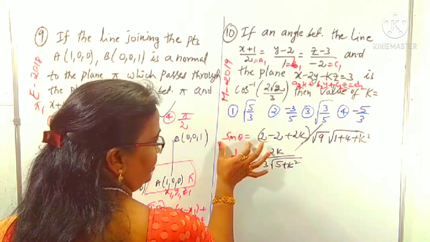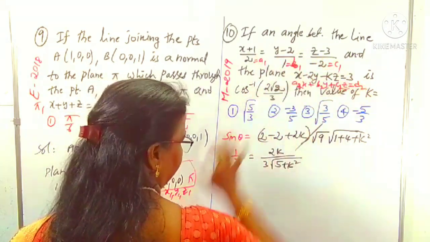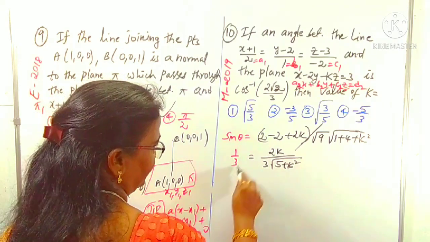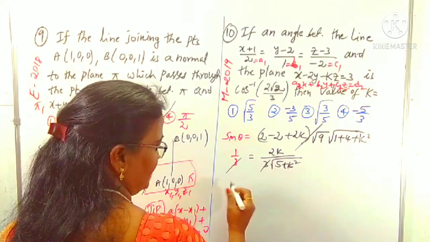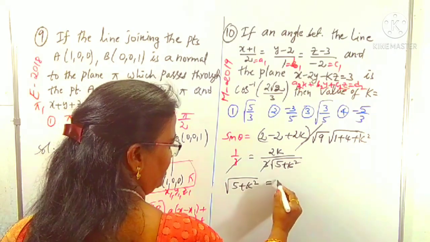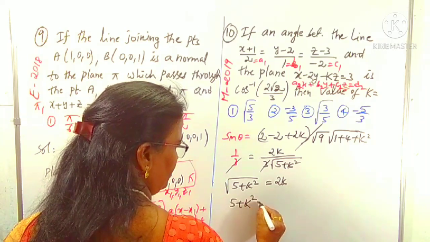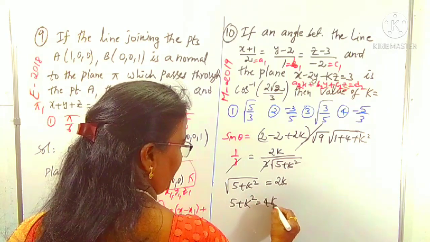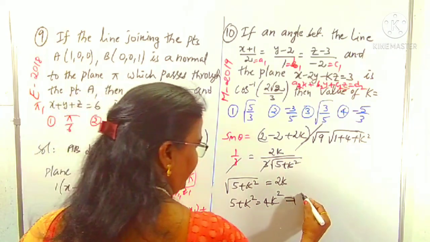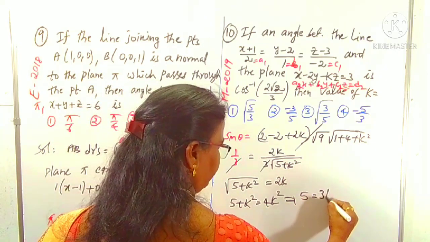We have to use it in terms of sine because it is the angle between the line and plane. Right. So on both sides what is cancelled? 3 cancelled. Take the cross multiplication, that is root over 5 plus k square equals 2k. Squaring on both sides, 5 plus k square equals 2k whole square, which is 4k square. Therefore, taking k square to the right side, 5 becomes 4k square minus k square, which is 3k square.